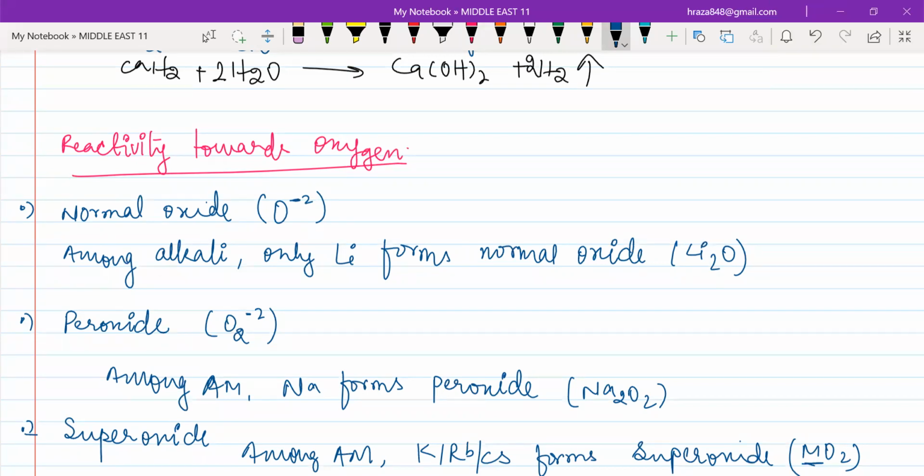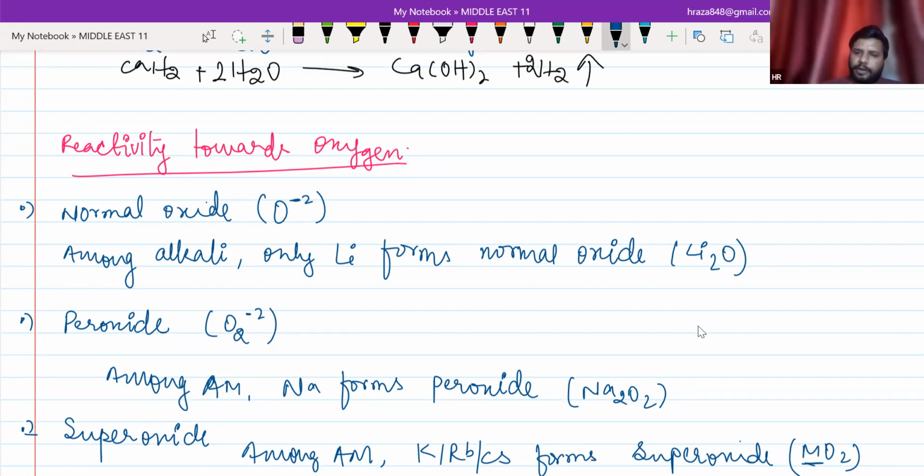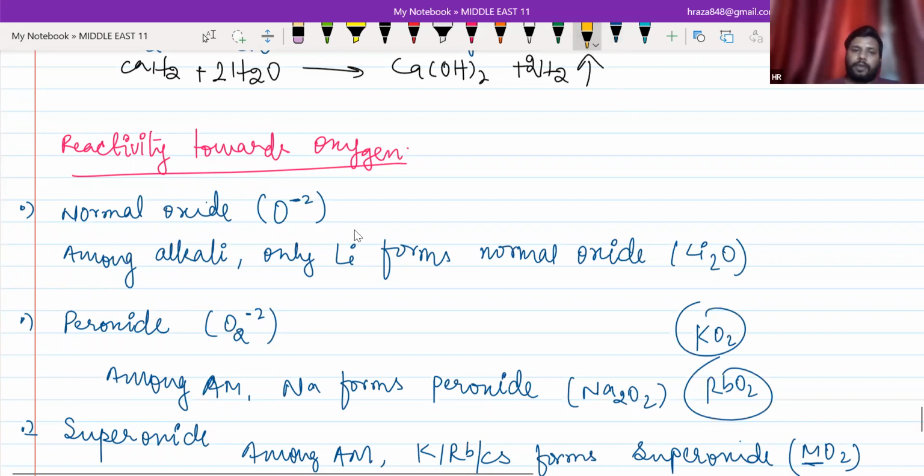So what is the formula for superoxide? If you are going for potassium superoxide, it will be KO2. It will be RbO2. You know that one oxygen requires two electrons. Whenever one oxygen takes two electrons, that is normal oxide. If one oxygen takes one electron and there are two oxygens, that is basically peroxide.